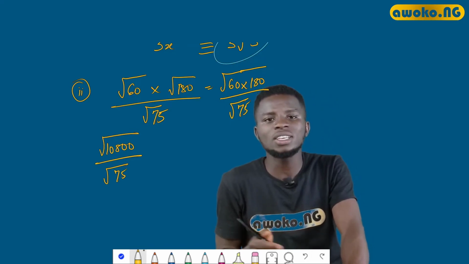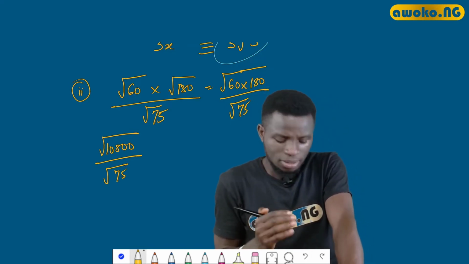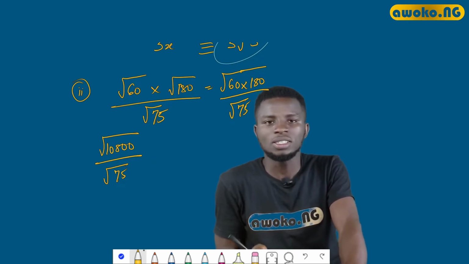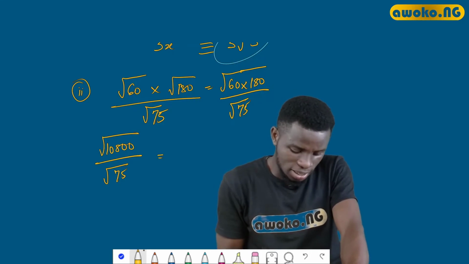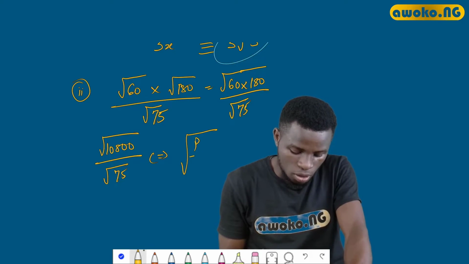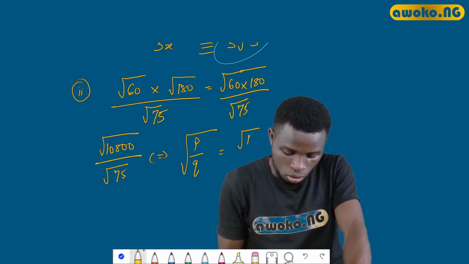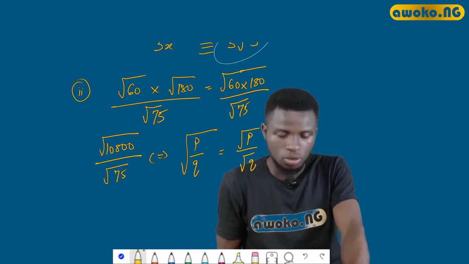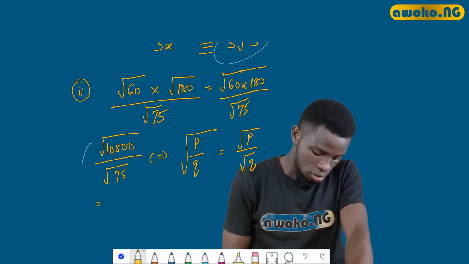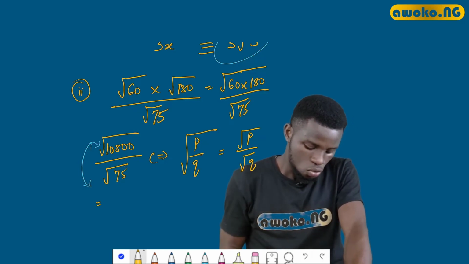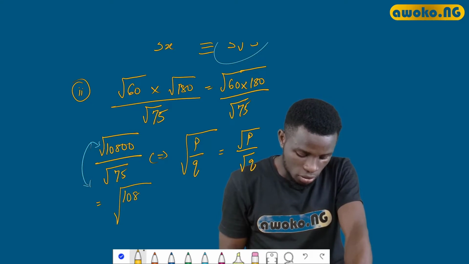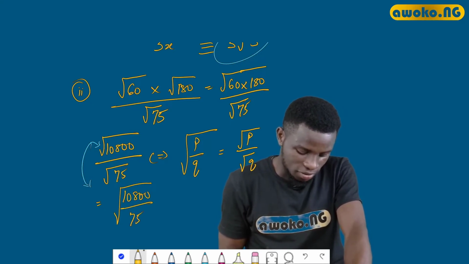Our next task is to simplify this further. But based on what we have in the division rule, let me recall. Remember we said the square root of P over Q is equal to the square root of P all over the square root of Q. So if you do that, this would give us the square root of 10800 all over 75.